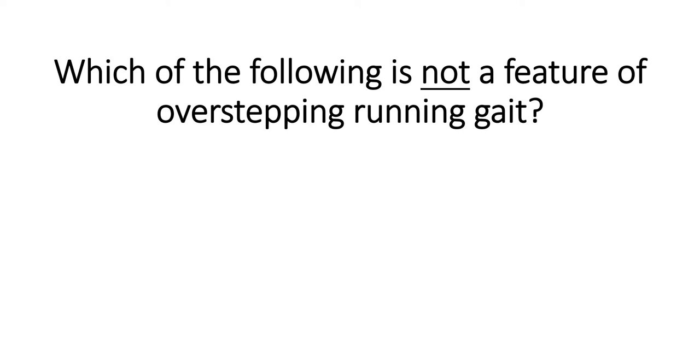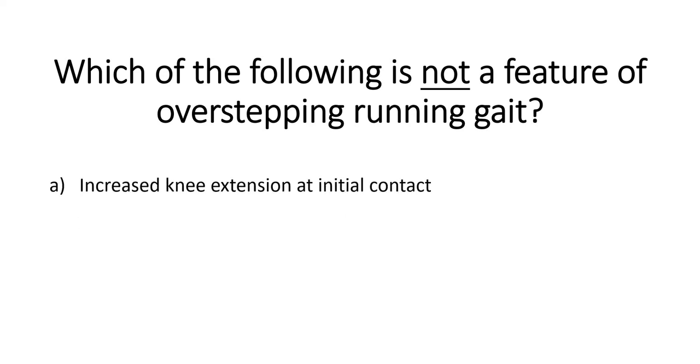So which one of those is not one of the hallmarks of an inefficient gait? Which of the following is not a feature of overstepping running gait? There's a lot of these not questions in here. Is it A, increased knee extension at initial contact? B, increased hip flexion at initial contact?